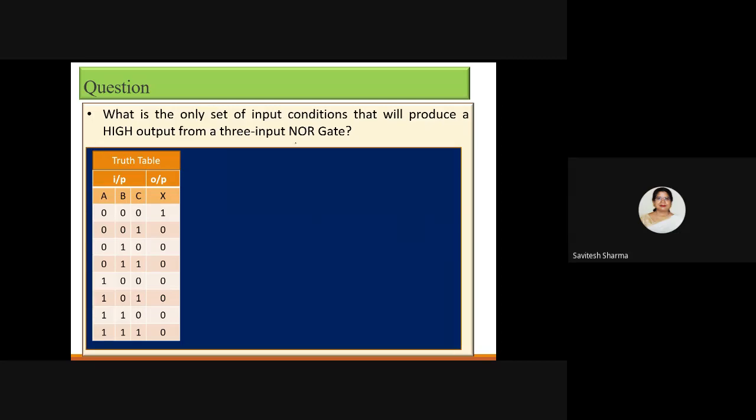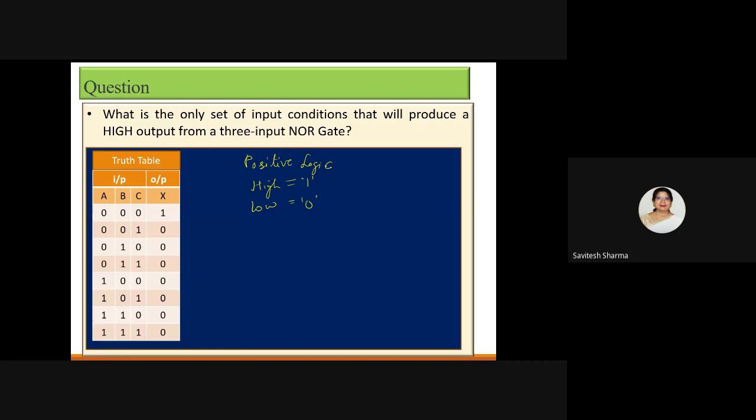I told you 2 logics are there: positive logic and negative logic. Generally we always use positive logic. What is positive logic? High we assume as 1 and low we assume as 0.